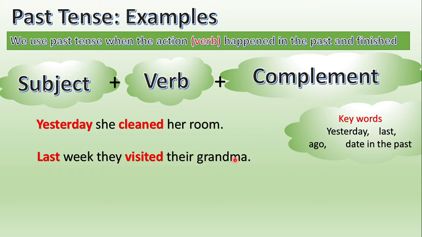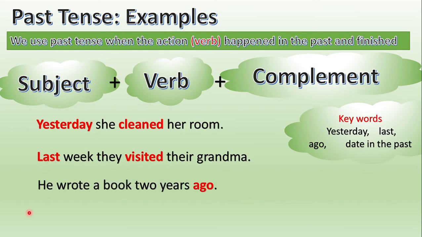Their grandma is a complement. Why do we say visited? Because of the word last, a keyword of the past. Last week they visited their grandma. It happened and finished last week.